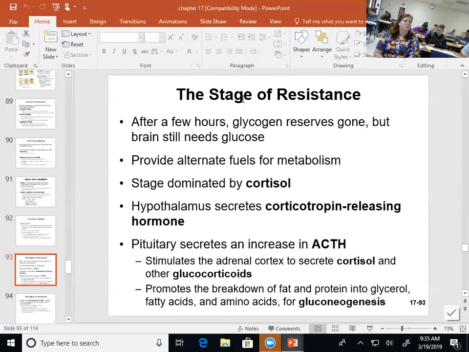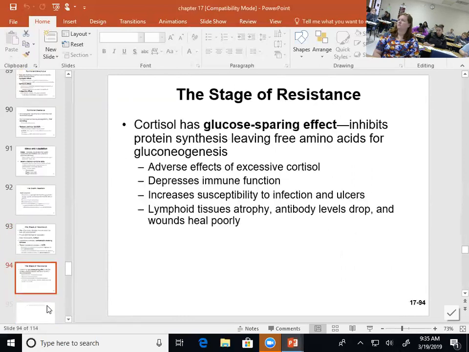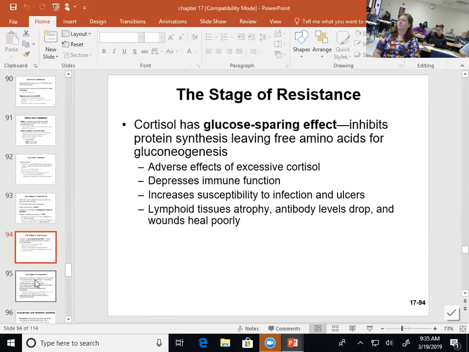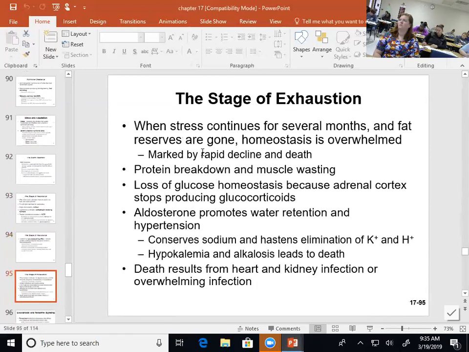And hopefully, in this next stage, we're going to try to get back into balance, right? So this stage of resistance is going to end up happening where all of the body is trying to heal or get over whatever has happened. Now, if something doesn't change in this stage, the stage of resistance, if something doesn't change to keep you back in homeostasis, you can actually go into what's considered the next stage, which is a stage of exhaustion, which means that all glycogen reserves are done.